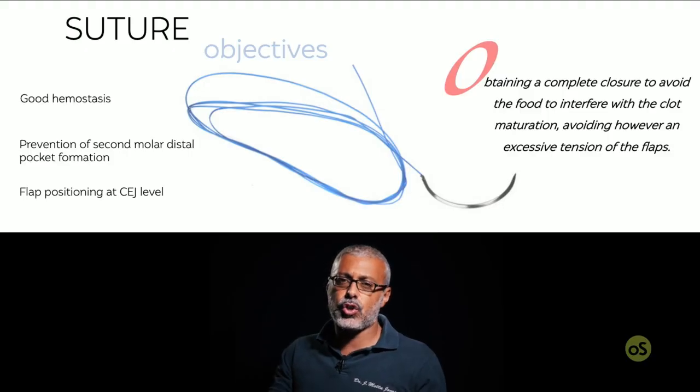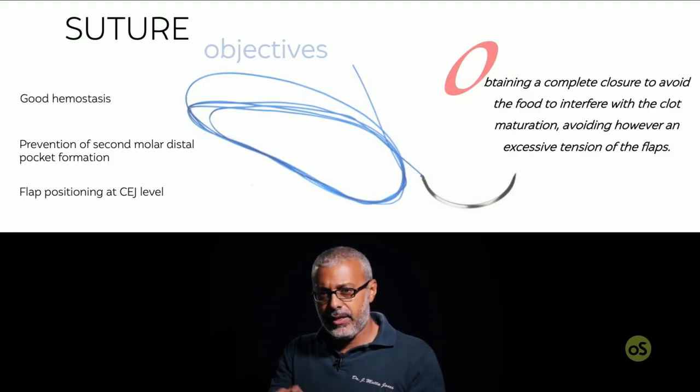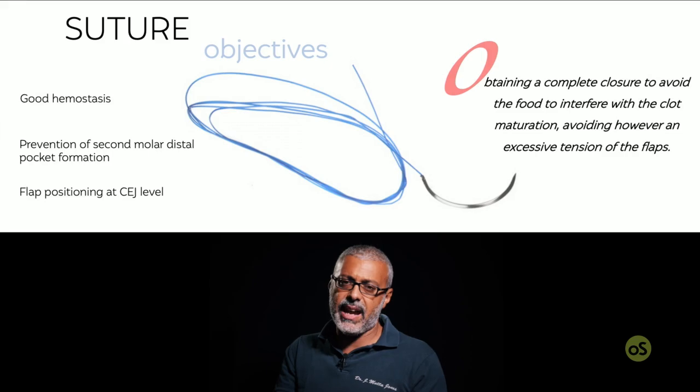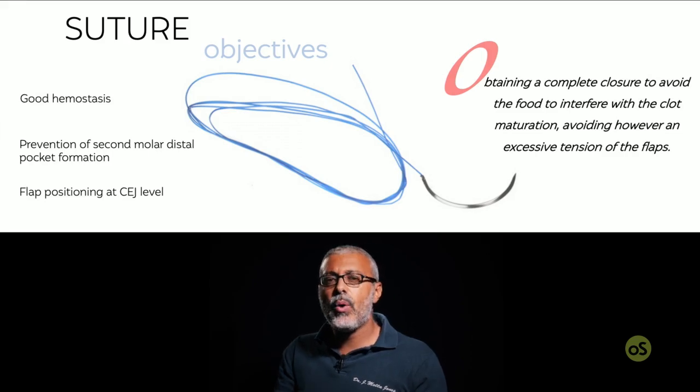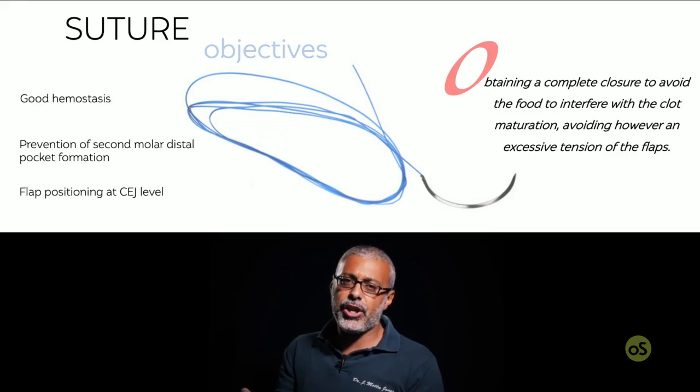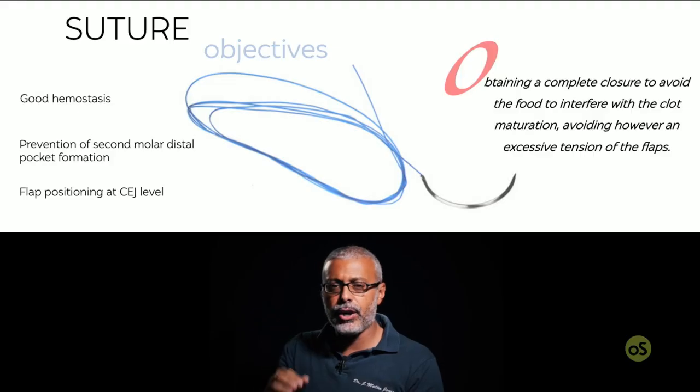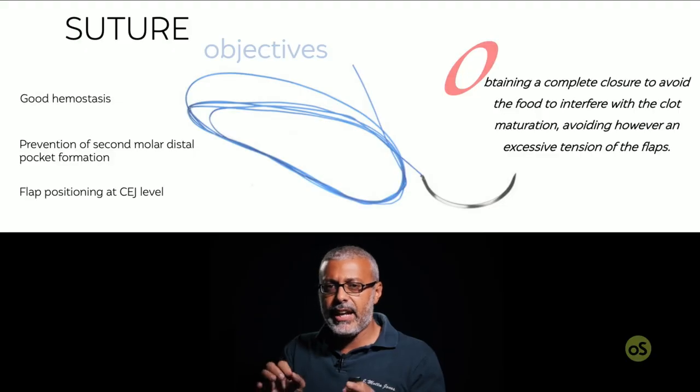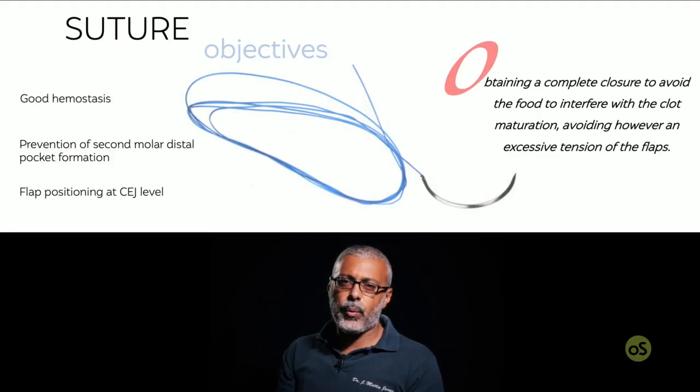So if the tooth was completely impacted in the mucosa, then I will close the area for primary intention. Whereas if we have a partial eruption of the tooth, maybe of one cusp or even less, then I tend to leave a small area where we can have a small drainage of blood and inflammation.